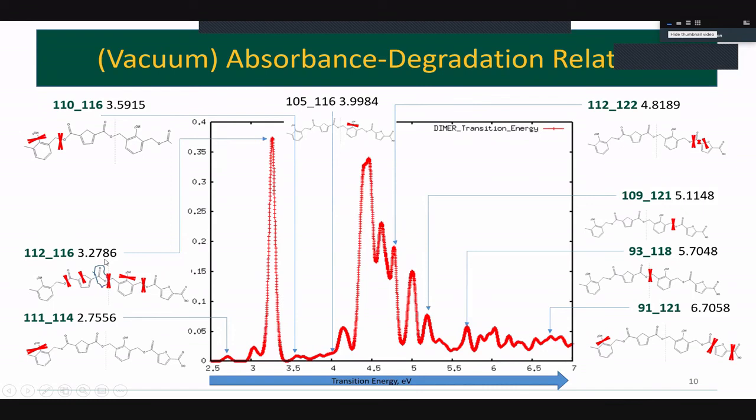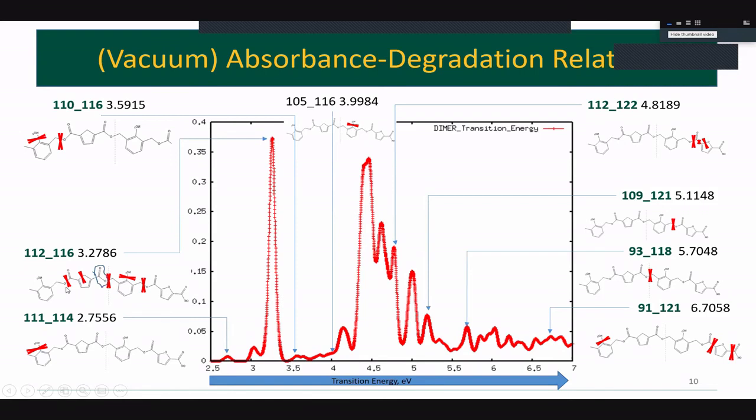We were able to see this degradation process. The graph we're seeing is the absorption, and hopefully we can find a trend between the absorption and degradation. In this particular case, the highest peak turned out to be a scenario where a large amount of degradation did occur.